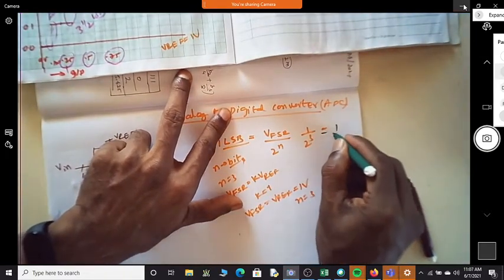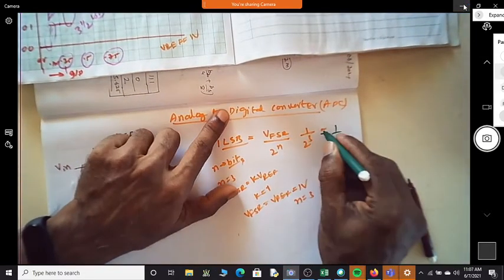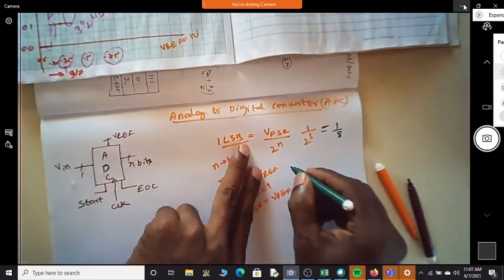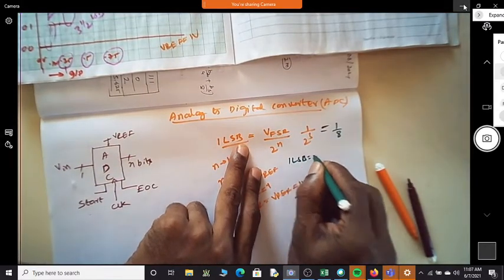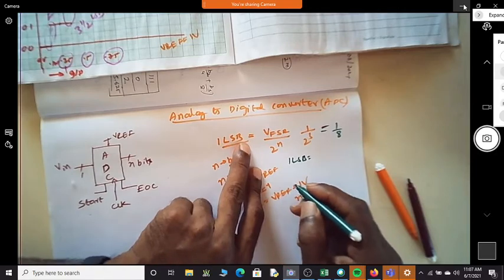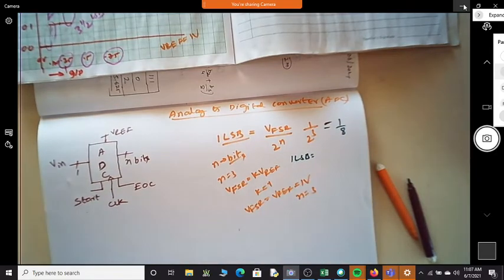What do you mean by 1 by 8 now? What is 1 by 8 in terms of voltage? Because this LSB is now in terms of voltage.